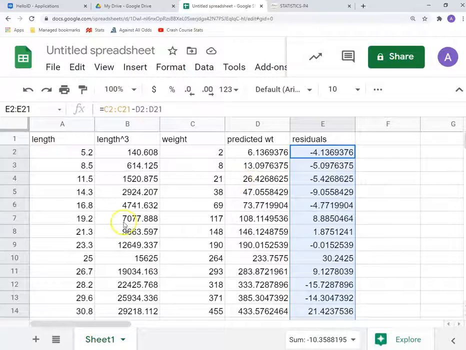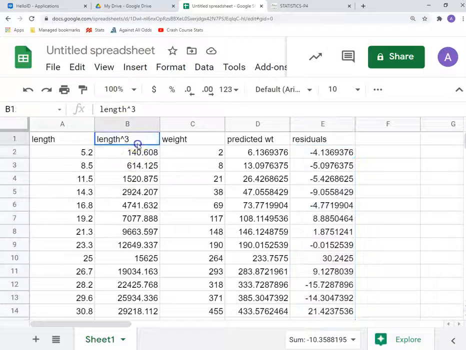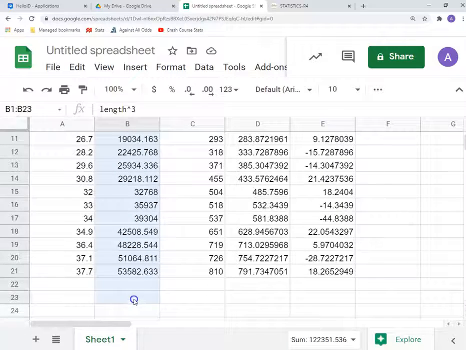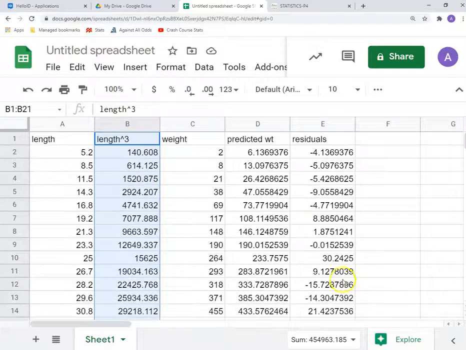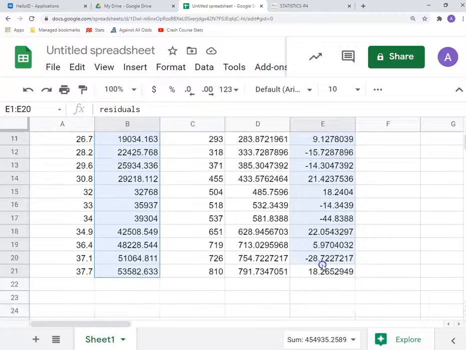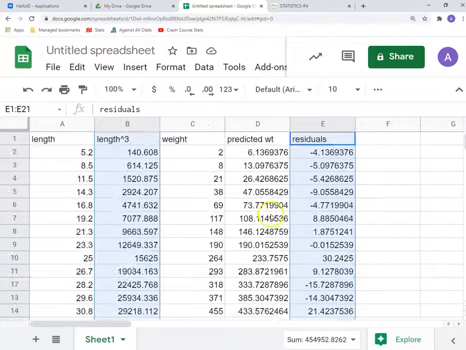To make the residual plot, this time our x's were the length cubed, so you want to highlight length cubed and then residuals for our residual plot.